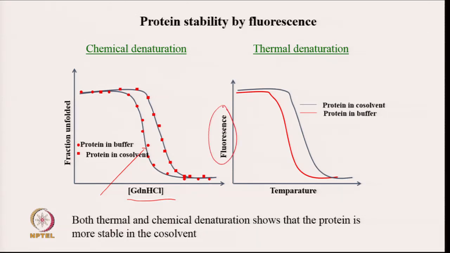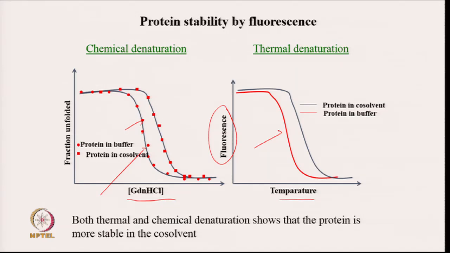You can also look at fluorescence with respect to temperature. Here you can see this is your protein in buffer, the red one. If I put in a co-solvent and we see a shift toward the right hand side, we know that your protein is more stable under that co-solvent condition, that is, the protein gets stabilized on the addition of an additive.